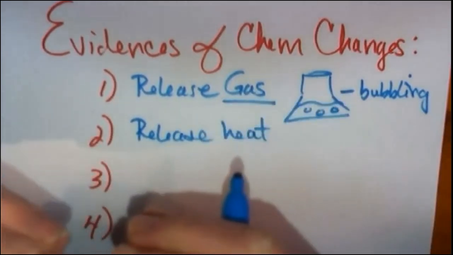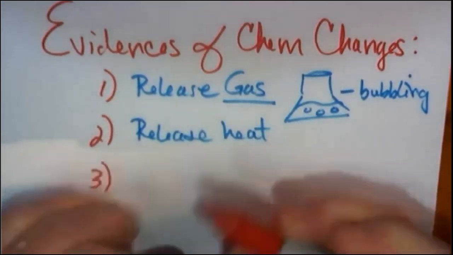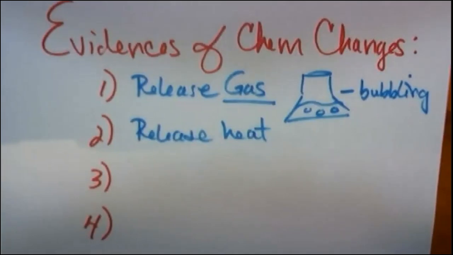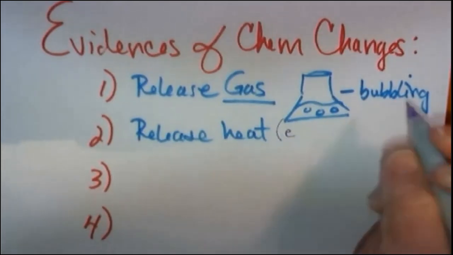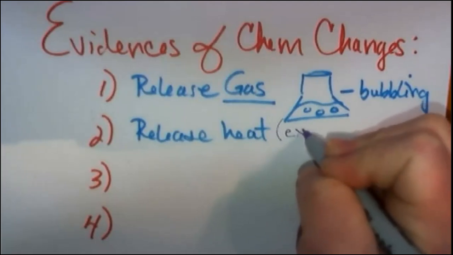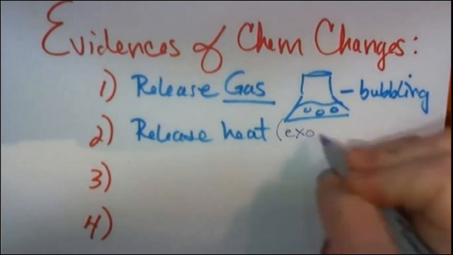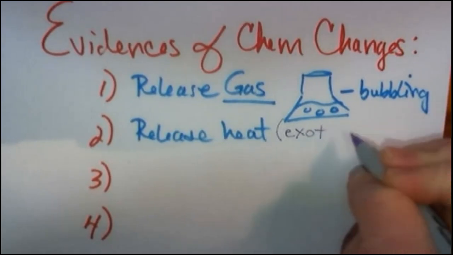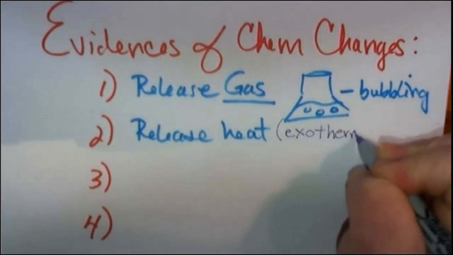In fact, that reaction was so, and Zenek, I know you know, reactions that release heat, we usually use a certain term. It starts with an E and then an X. Yeah, exothermic.